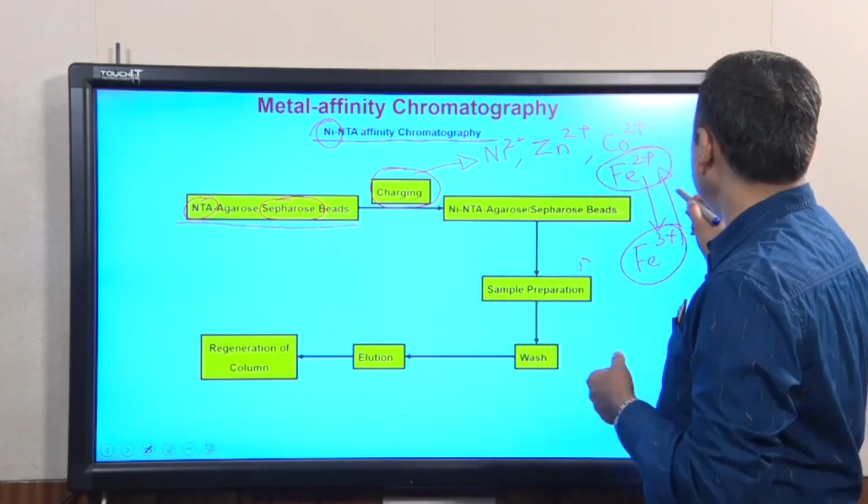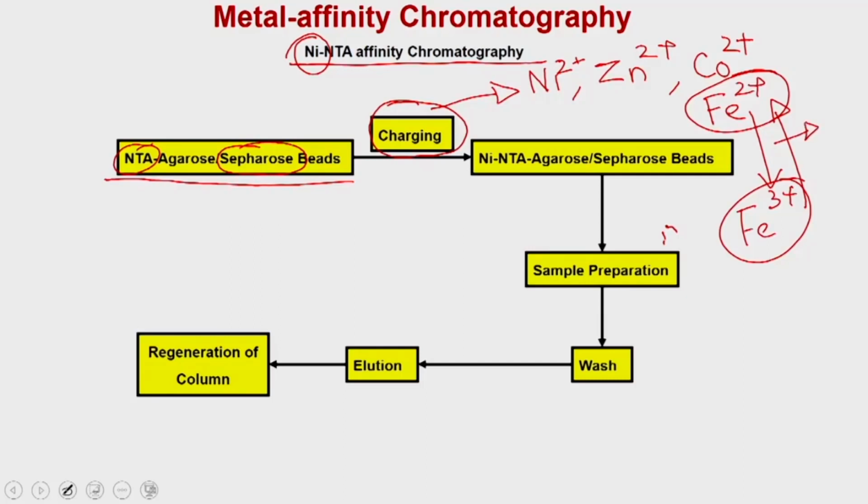If there is switching of iron 2 plus to iron 3 plus and 3 plus to 2 plus, it generates a very large quantity of hydrogen peroxide, or sometimes a very large quantity of free radicals.